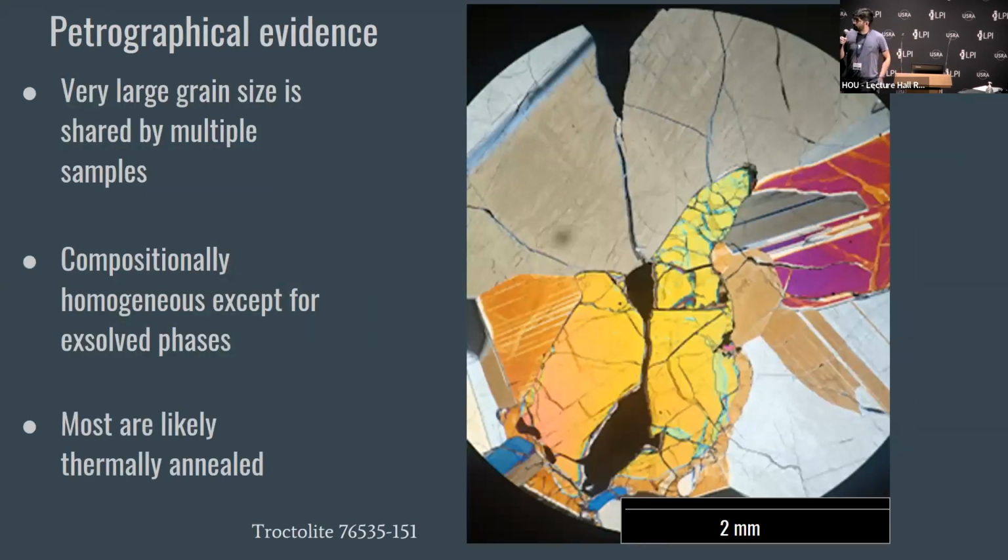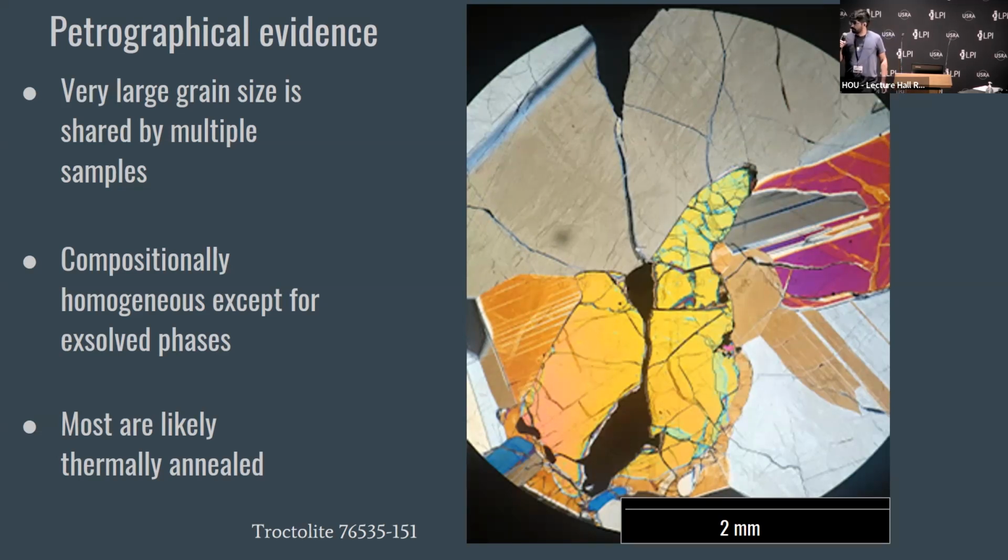So, petrographical evidence. One of the most well-known here is just that these rocks tend to have very large grain sizes. You see here a picture of 76535. You can easily get crystals that are 2-3 millimeters long, even bigger than that. And this is actually the first picture I ever saw of the magnesium suite, which just blew me away with how beautiful it was.